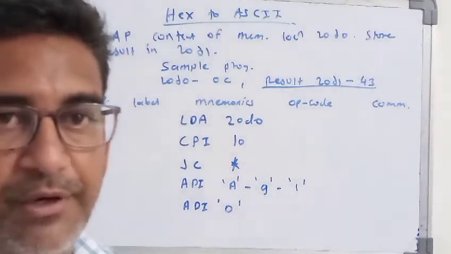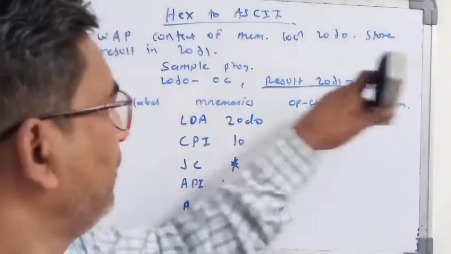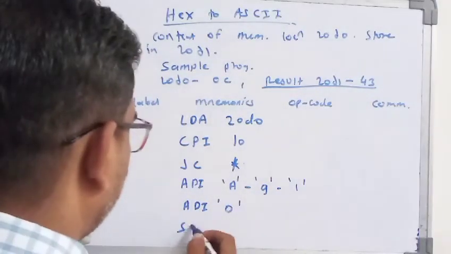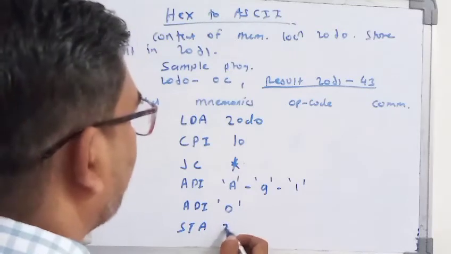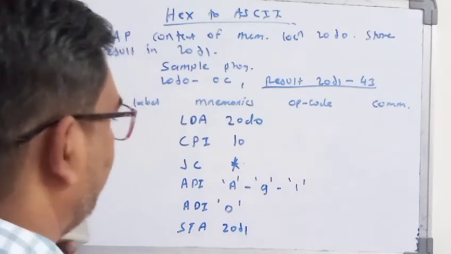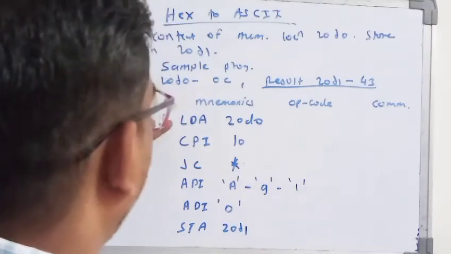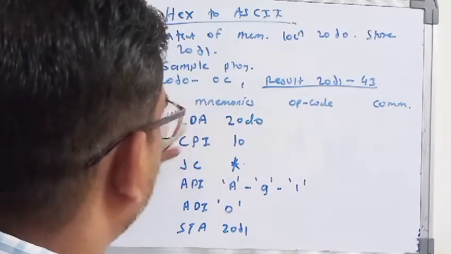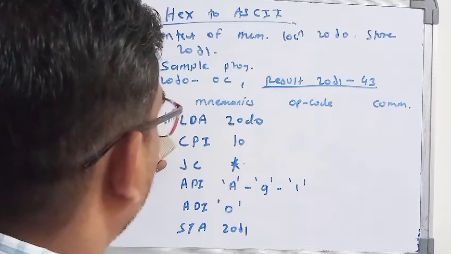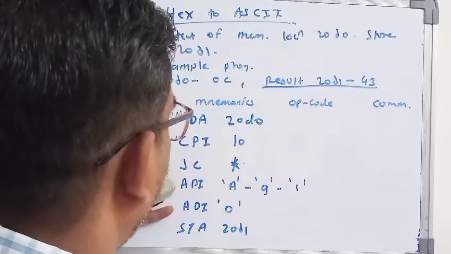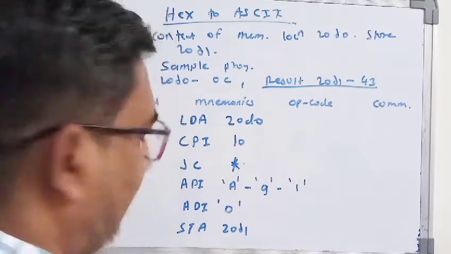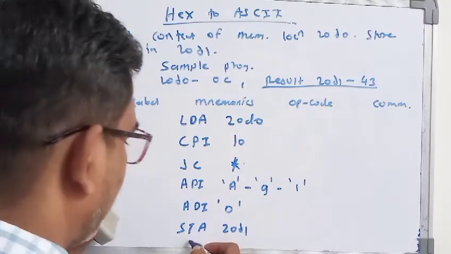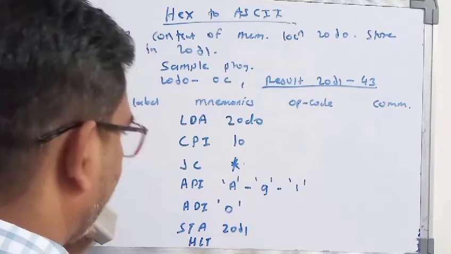You have to store that particular result in 20D1, so here directly we write STA 20D1. So LDA 20D0, CPI 10, JC, then ADI, then ADI, then STA, and you have to end the program. For ending the program, you have the instruction HLT.